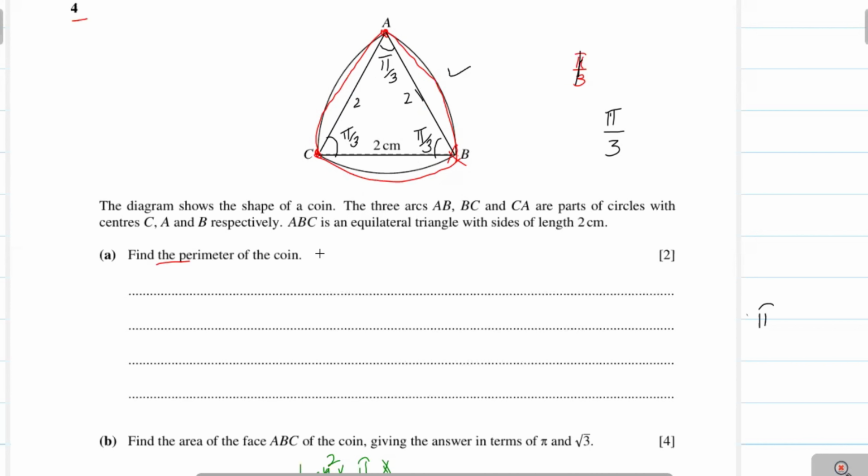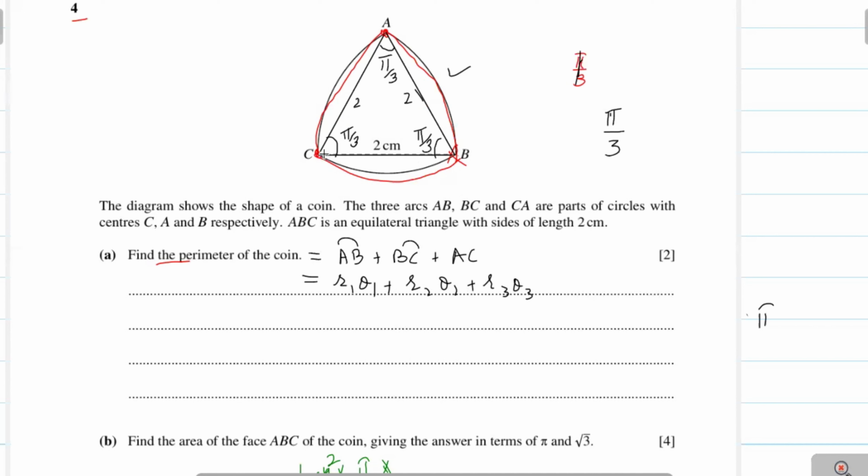Now to find the perimeter of the coin, we need arc length AB plus arc length BC plus arc length AC. And the formula of arc length is r theta. Therefore, we can write r1 theta 1 plus r2 theta 2 plus r3 theta 3.